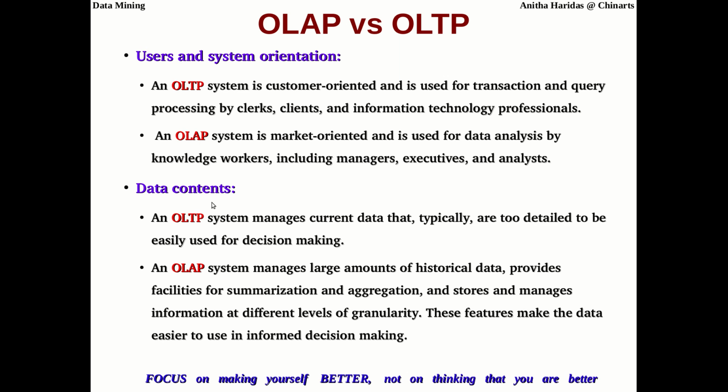Now based on the data contents, what kind of data will be stored in OLTP and OLAP? Your OLTP will be generally managing the current data, because it is dealing with the daily transactions. So obviously it has to store the current data, and that is too detailed to be easily used for decision making.